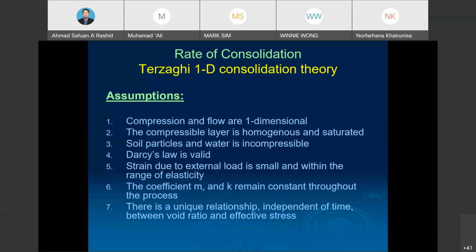Darcy's law is valid. Strains due to the external load are small and within the range of elasticity. The coefficients MV and K remain constant throughout the process. There is a unique relationship, independent of time, between void ratio and effective stress.